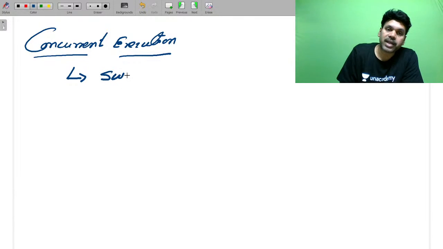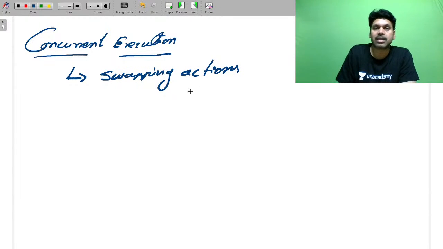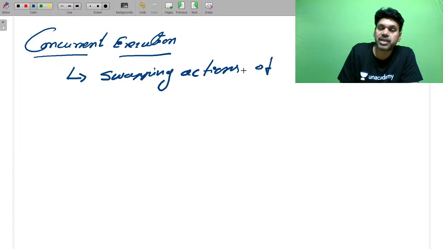Even after swapping actions, it is not going to have an impact on the result. That's why you can do some kind of swapping which is not going to show any impact. So, swapping actions of transactions in the schedule.